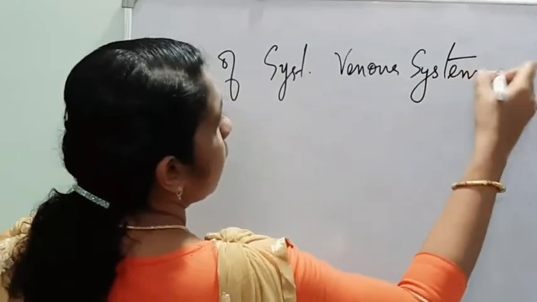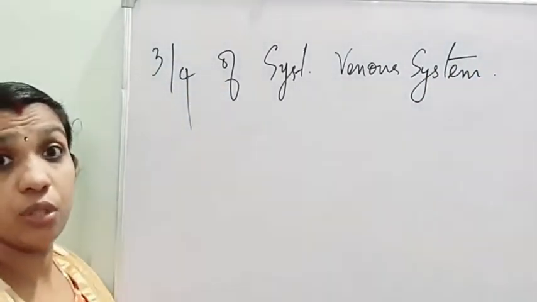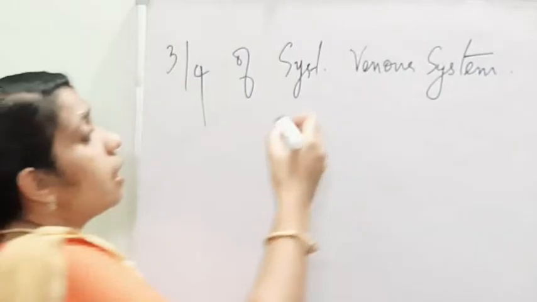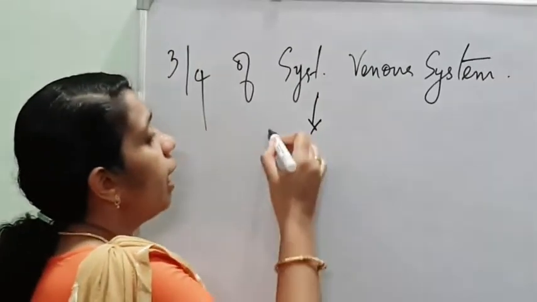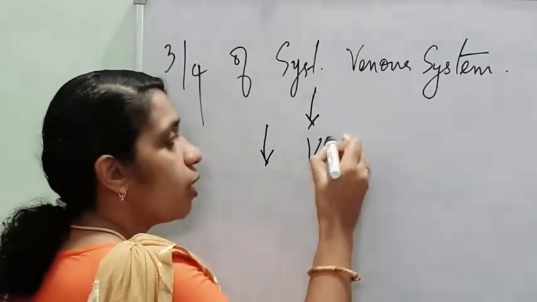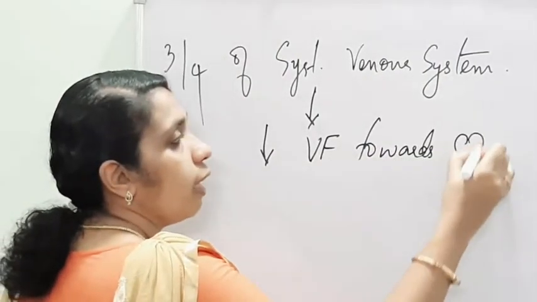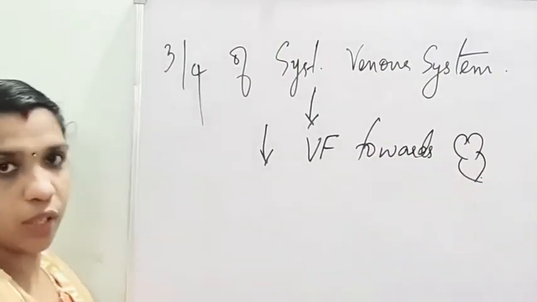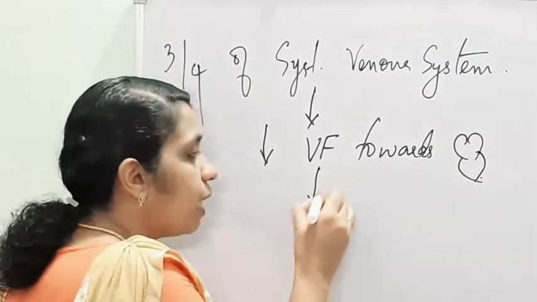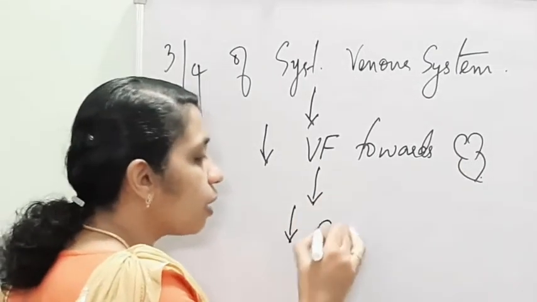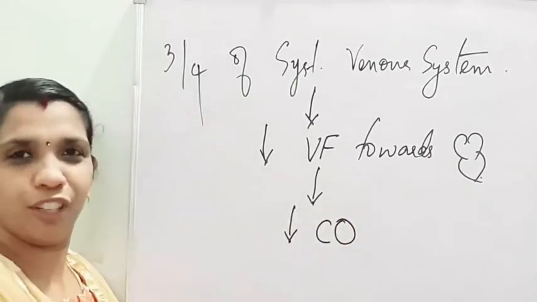So what happens is when there is reduced venous flow towards the heart, there will be reduced cardiac output. Understand?